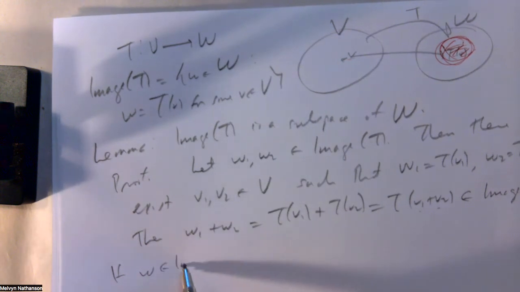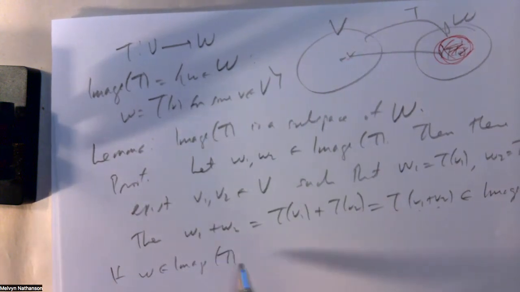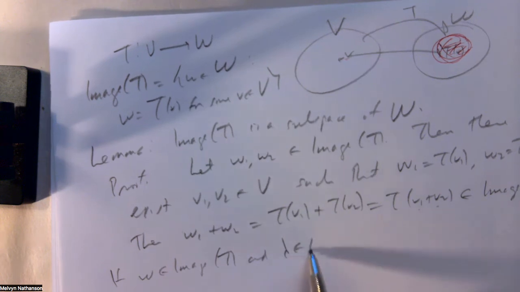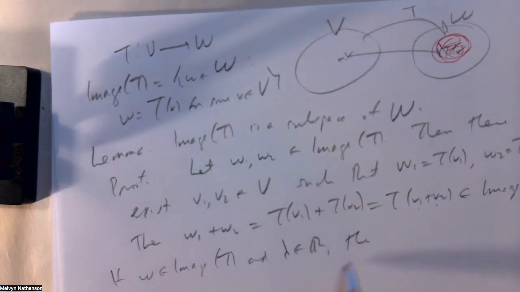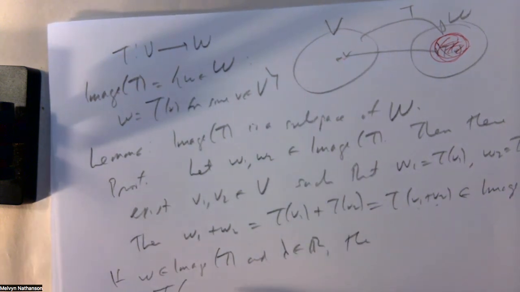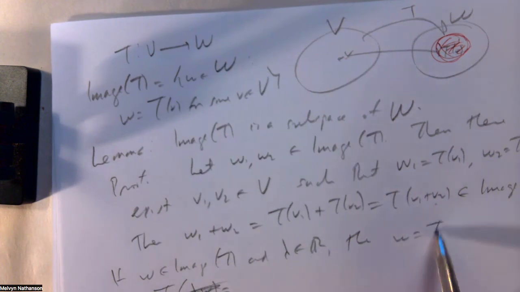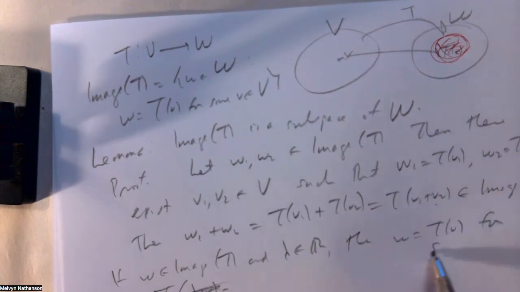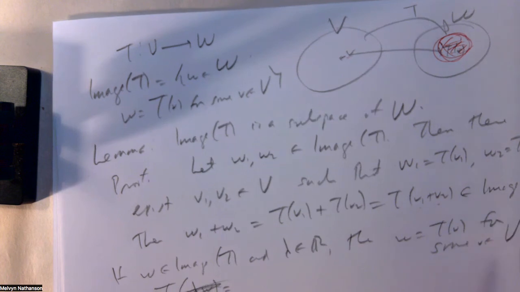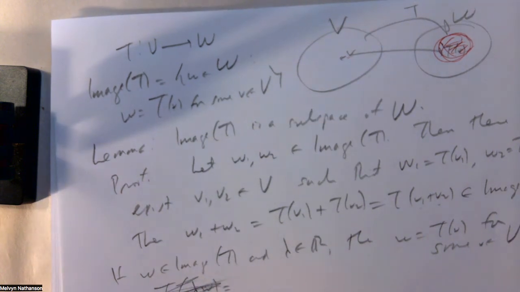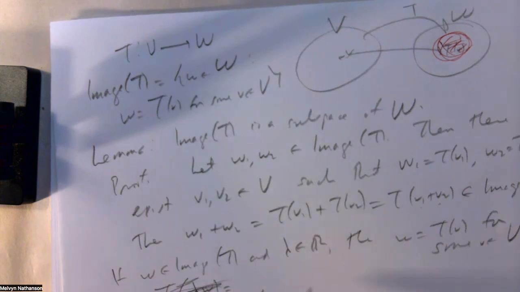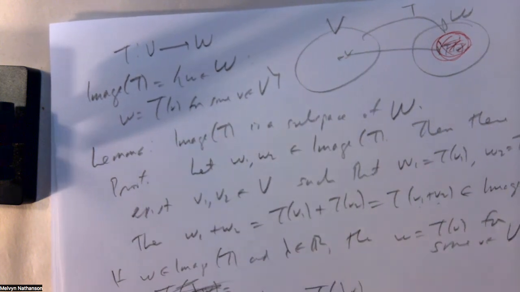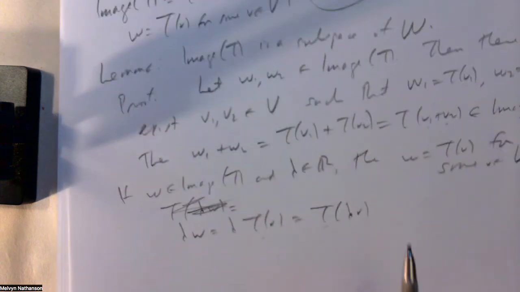If W is in the image of T and lambda is a scalar, a real number, then W equals T of V for some V in the vector space V, and lambda W is lambda T of V, but that's T of lambda V because T is a linear transformation.